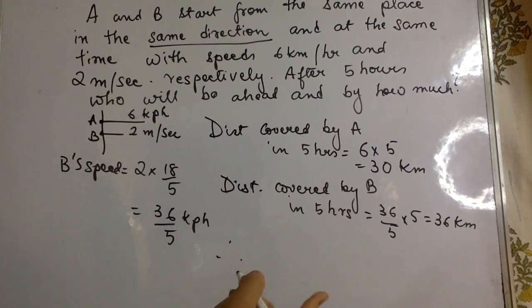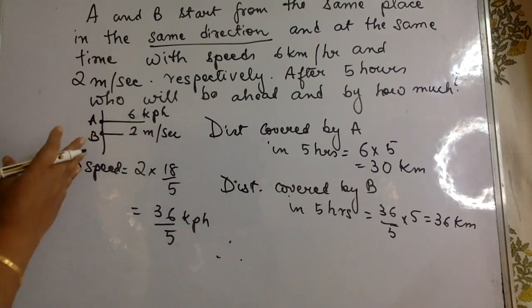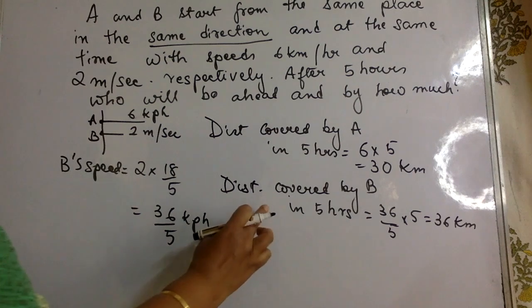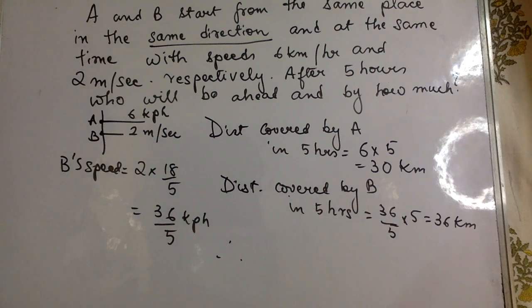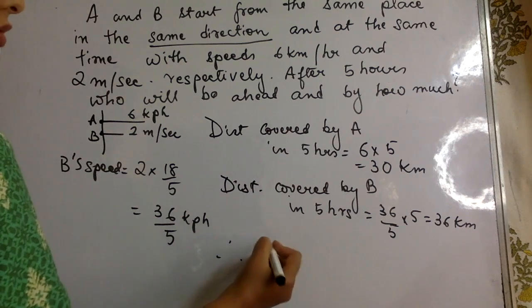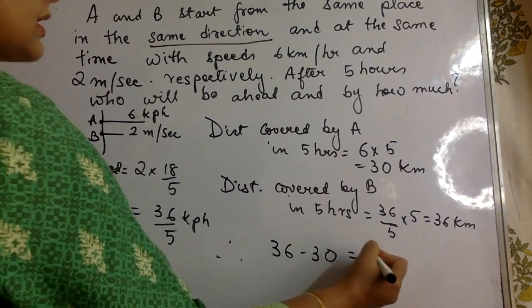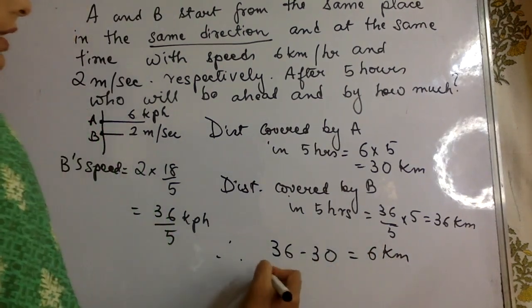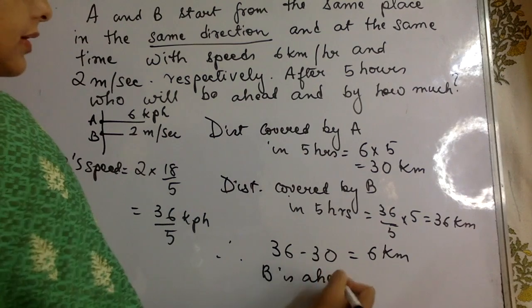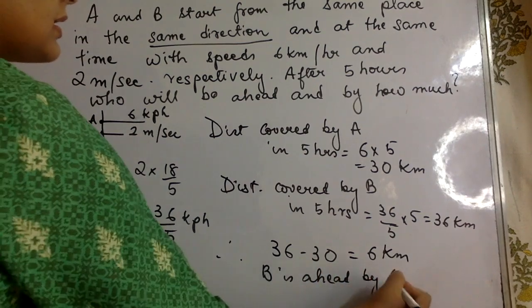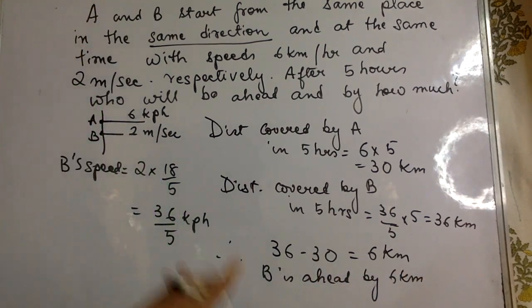Therefore, who is ahead and by how much? Since they had started at the same place at the same time, we can clearly see that B is ahead, and he is ahead by 6 kilometers. So if I subtract 36 minus 30, 6 kilometers, B is ahead by 6 kilometers at the end of 5 hours.